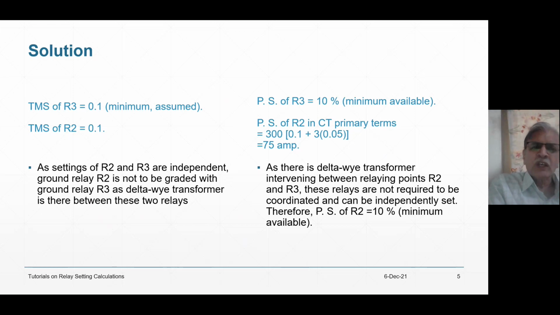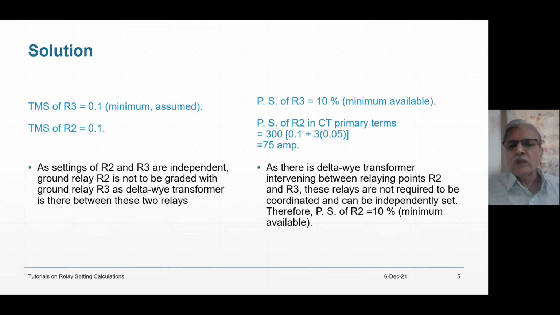As I told you, you could have gone in for 0.05 also, TMS of R2 also 0.05. I have gone in for 0.1. So TMS are the same because there is no grading. Similarly, plug settings are also the same because there is no grading between R2 and R3. So PS of R3 is 10% minimum, and PS of R2 also I go for 10% minimum.